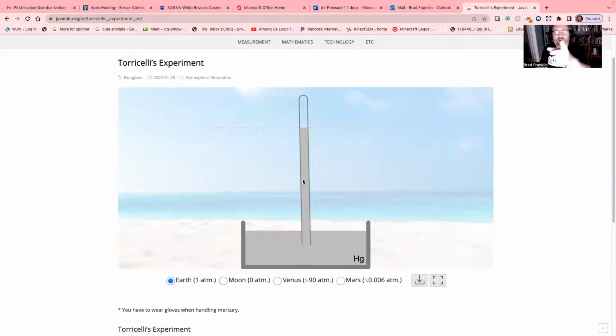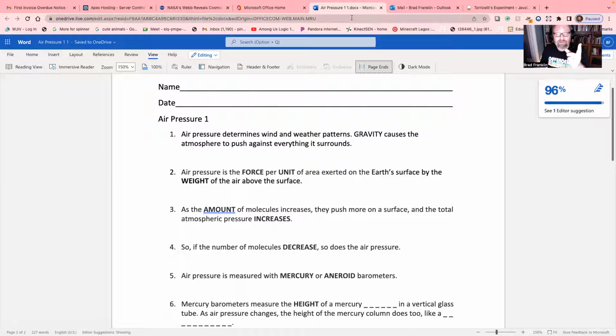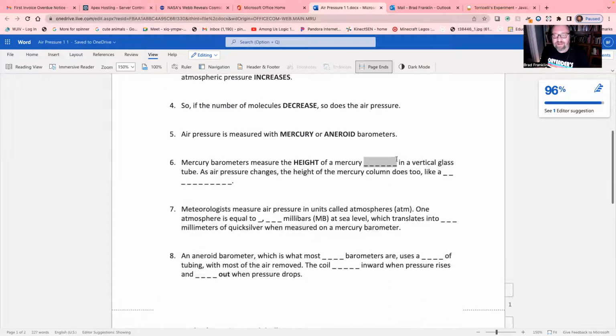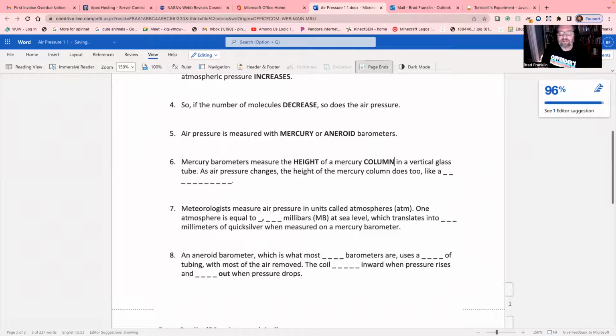Oh, it's the same word for basalt. Basalt has a blank structure. It's in the shape of a, yeah, good job, column. C-O-L-U-M-N, column, in a vertical, which is up and down, glass tube.